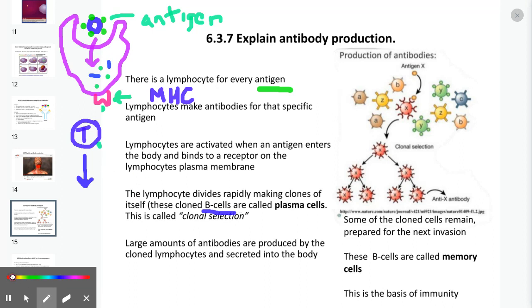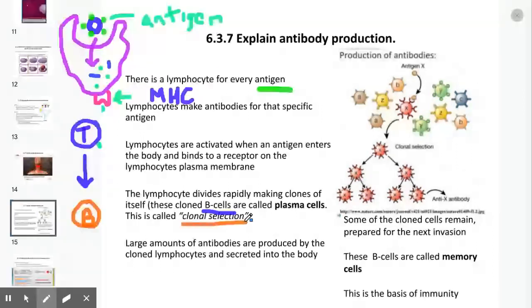Let's make the B cell this color. And the B cells, remember we talked about, or maybe we didn't yet, but we talked about this idea called clonal selection, which is when this B cell, when it gets this information about this antigen, will begin by making lots and lots of copies of itself.